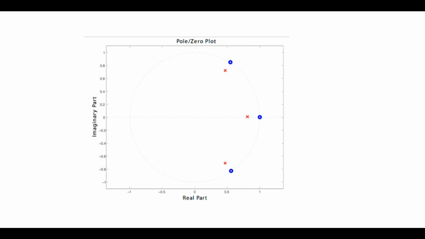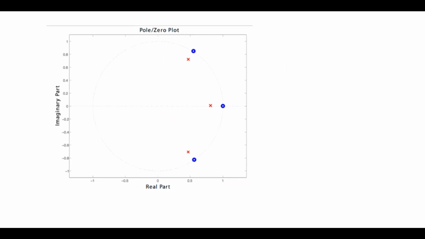Okay, so you see here, given the pole zero plot, we have the 3 poles and the 3 zeros. Let us say this is the frequency omega. At this point I want to calculate the magnitude response.